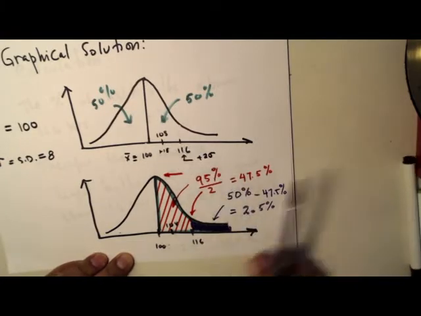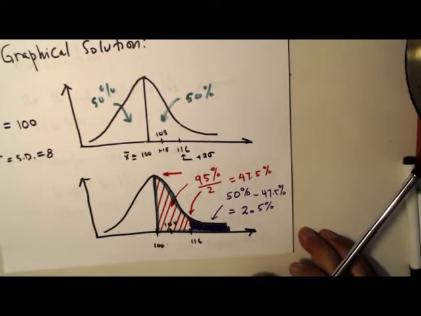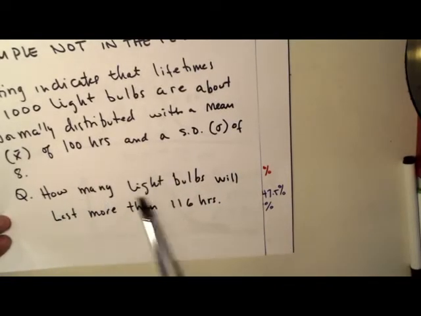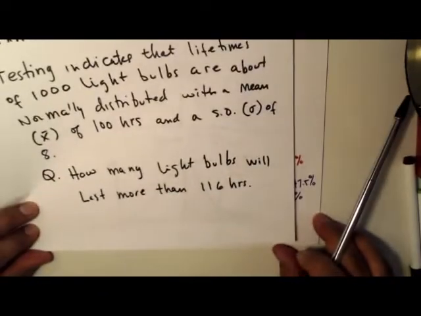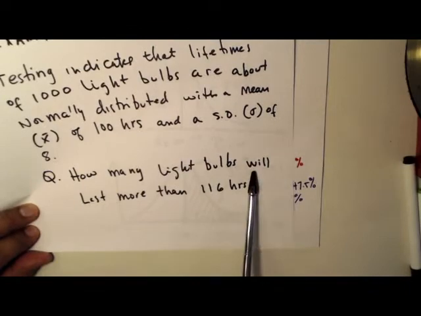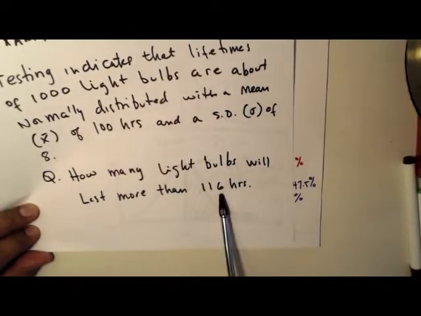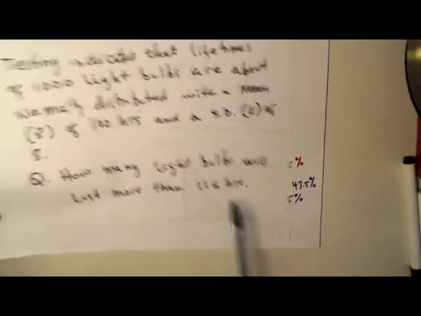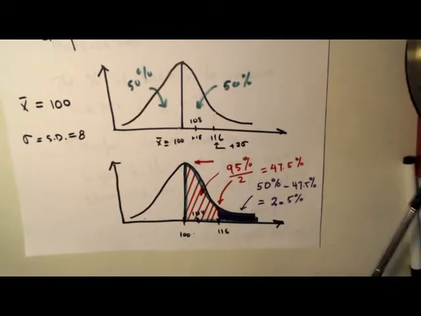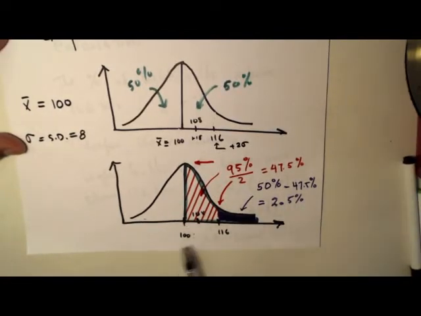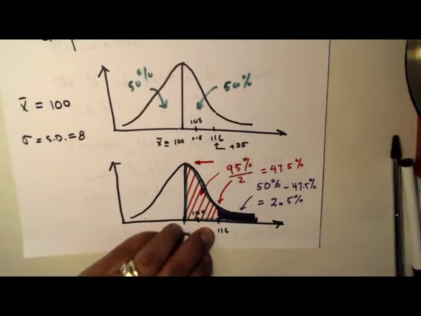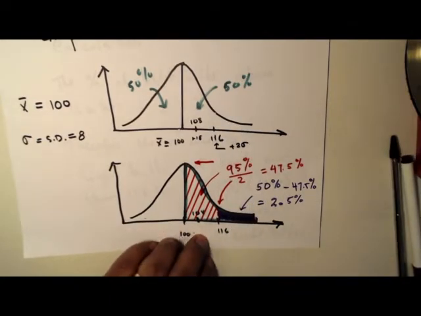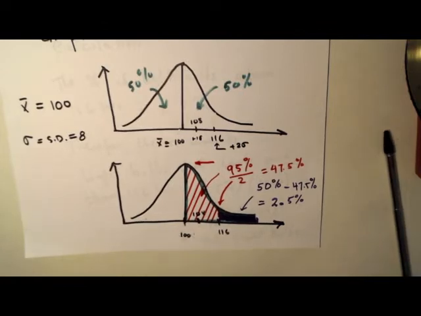So now the question again: how many light bulbs will last more than 116 hours? Of course, they're asking us about the light bulbs that will be on this side of the curve.